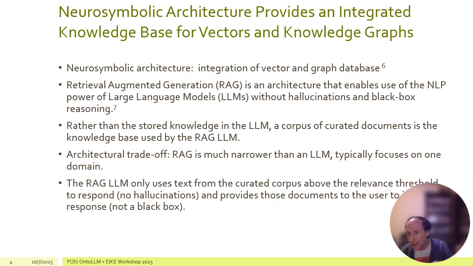And the way you use these vectors is not by just searching or simple operations, but you have to do fairly complex linear algebra operations like multiplying a vector times a matrix or a tensor, and to get efficient productivity out of these kinds of vectors, you need to store them in a specific way. That's why there are vector databases. And so what neurosymbolic architecture does is it takes vector databases and it takes knowledge graphs and brings them together.